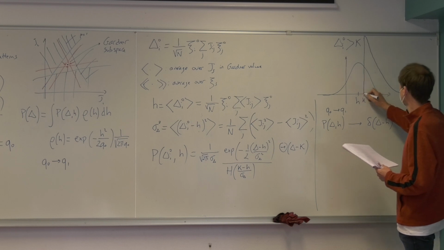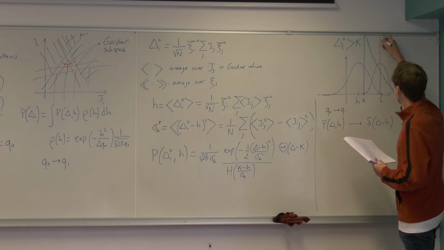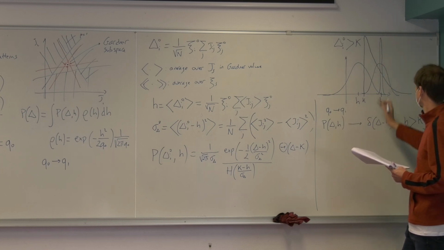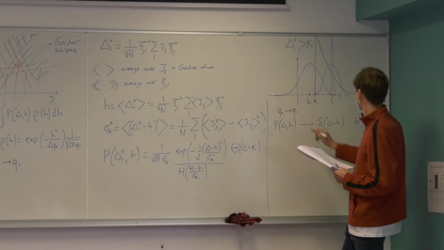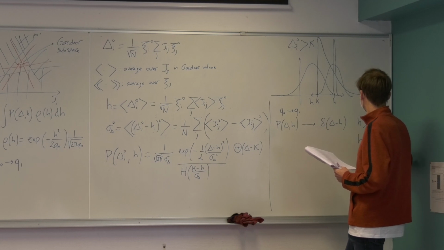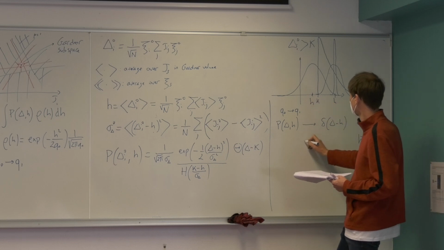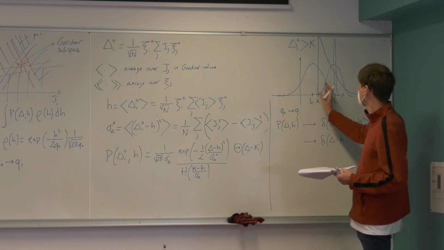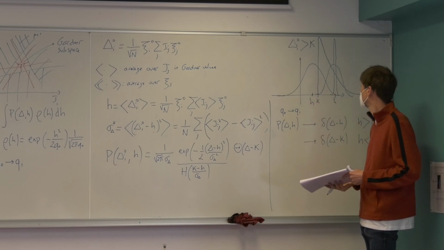So suppose that your H is here, then as Q0 goes to Q1, this converges to a delta function around H. However, if H is smaller than kappa, this converges to a delta function at kappa. So everything is concentrated at kappa, which is the constraint.